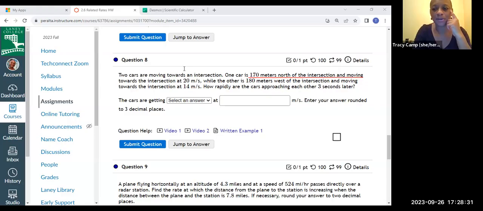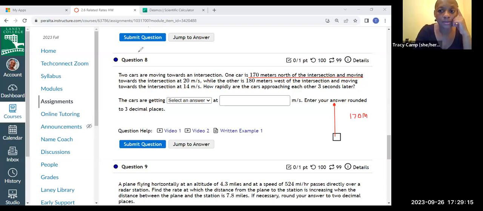So it starts off this far from the intersection. This entire distance right here, where it starts, doesn't change. That whole distance is 170. This is its starting point that I'm marking right now, and the distance from there to the intersection is 170 meters.